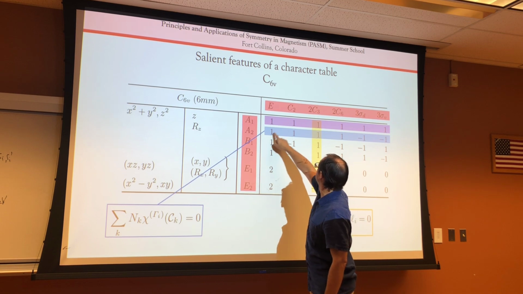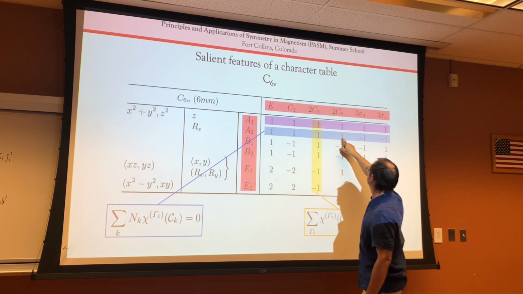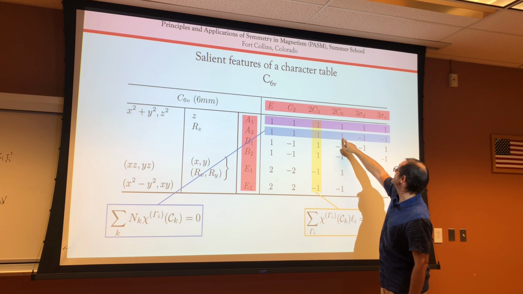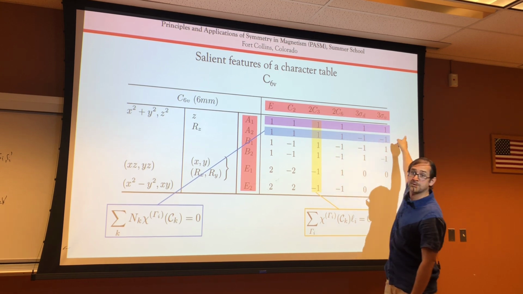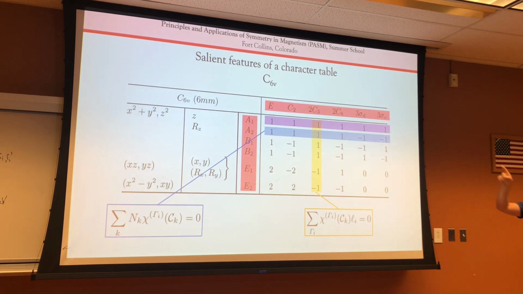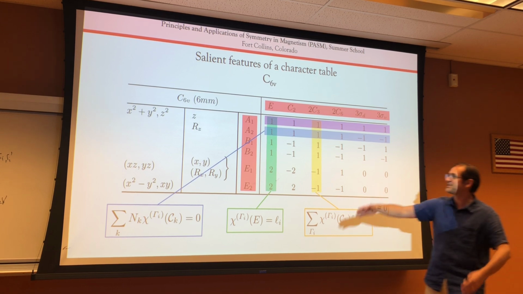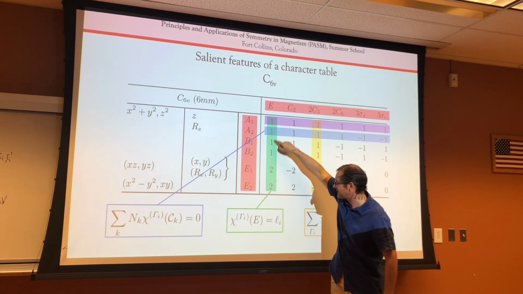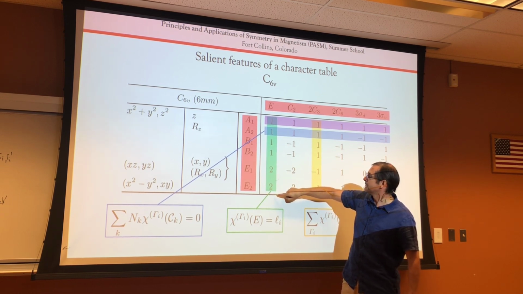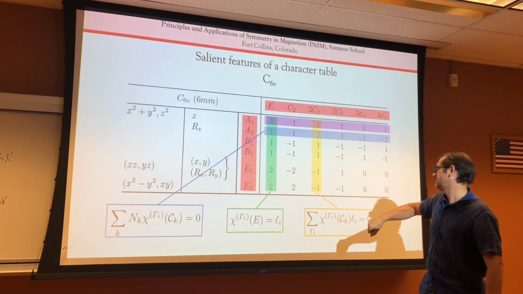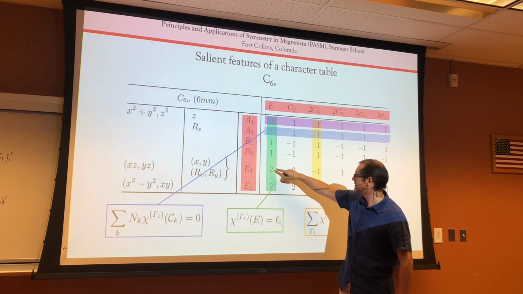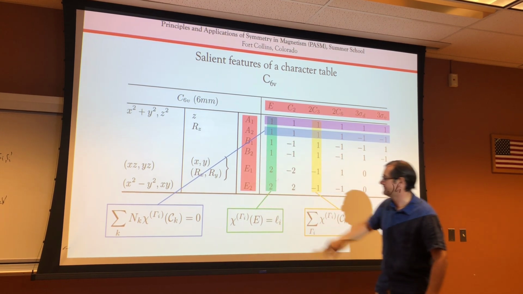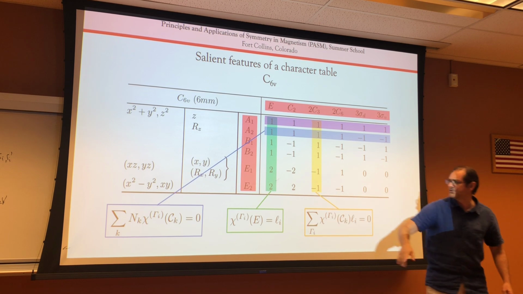And again, we have 1 plus 1 plus 2, 4 plus 2, 6, minus 3 minus 3, 0. It's nice, very easy. And finally, I should have started this way: the sum of the squares of the characters is equal to the dimension of the representation. Yeah, in this particular case here.